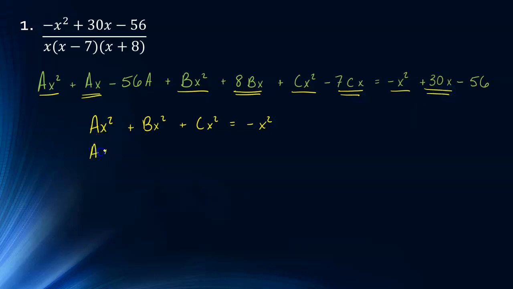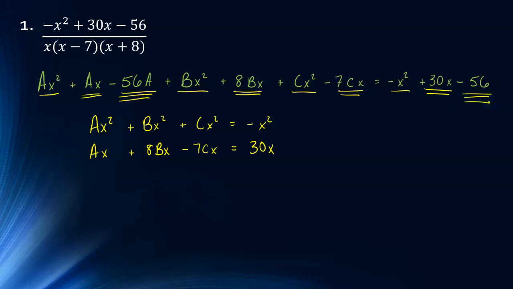So that would be ax plus 8bx, and then minus 7cx. And that's going to equal 30x. So all of those, which is a single variable x that I double underlined, that would be our single variable x equation. And then we're going to have our equation for our constants.